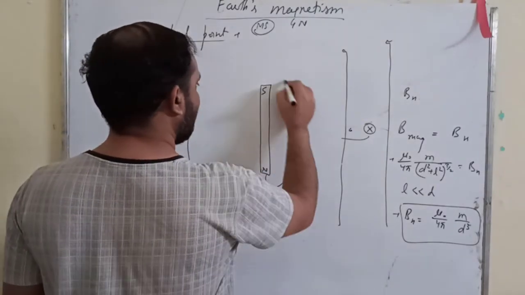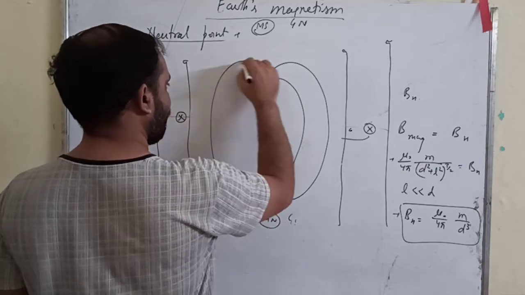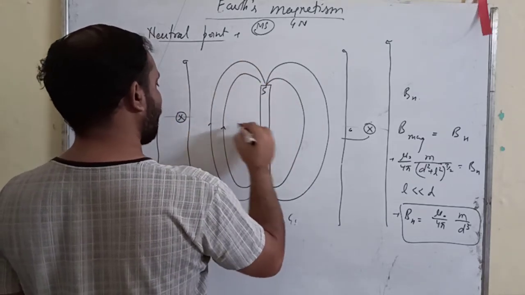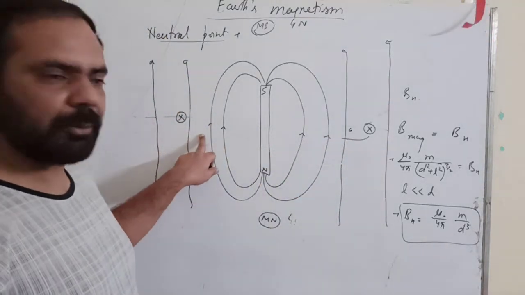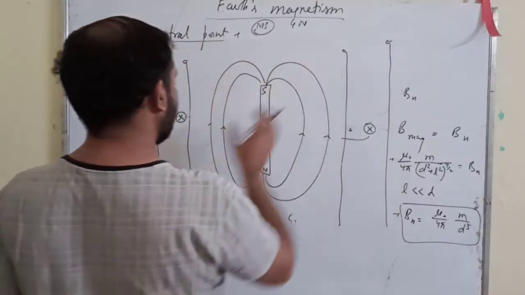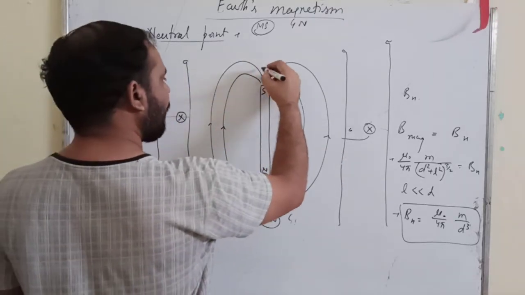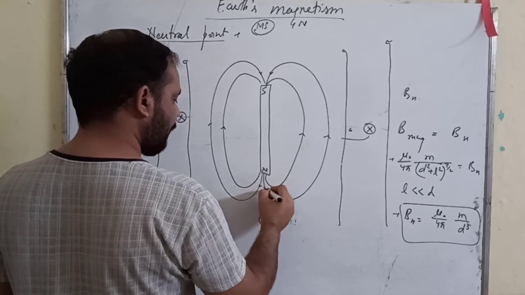Now again the magnetic field will be like this, but now the direction will be upward. On the equatorial line the magnetic fields are supporting each other, because Earth's magnetic field is upward and these magnetic lines of force are also upward. However, here the direction will be downward.